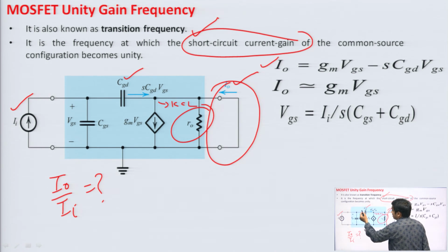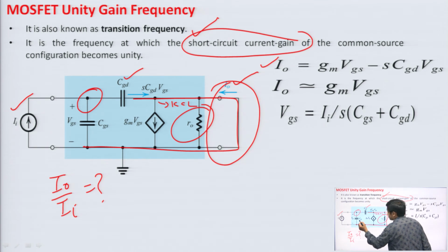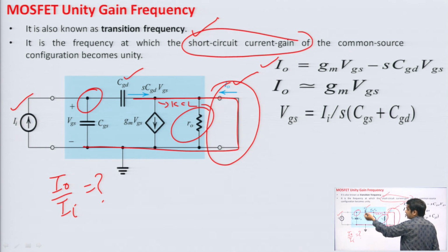Now, you can see that one terminal of CGD and CGS is connected, and the other terminal is also connected. So, CGS and CGD are in parallel in fact, and obviously the same voltage will appear across CGD also.